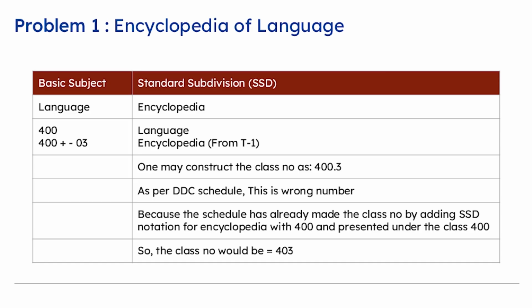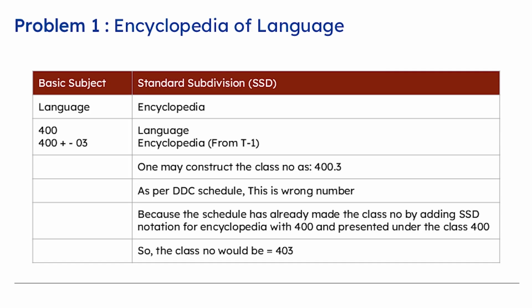Similarly, if we have to prepare the class number for Journal of Language, then we have to add -05, which is periodical or serial from table 1, to 400. Then we find that 405 is the class number for serial of language.